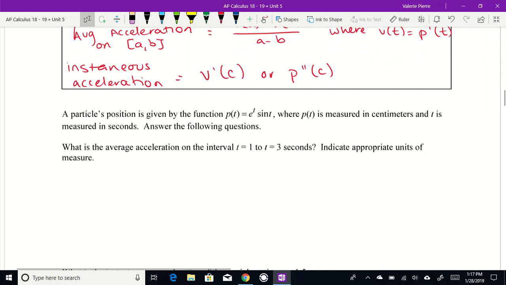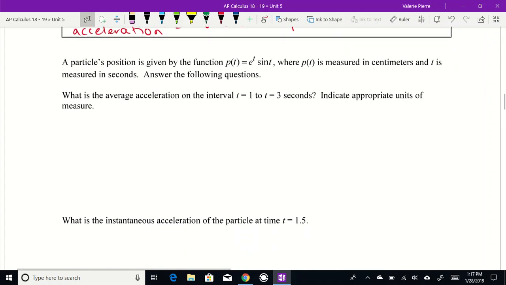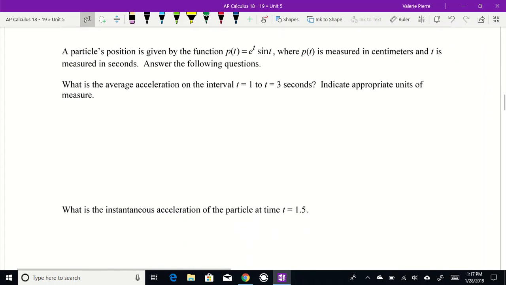A particle's position is given by the function e to the t sine t, where p of t is measured in centimeters and t is measured in seconds. What is the average acceleration on the interval t equals 1 to t equals 3? So in the previous page, we found that p prime of t is equal to e to the t sine t plus e to the t cosine t.